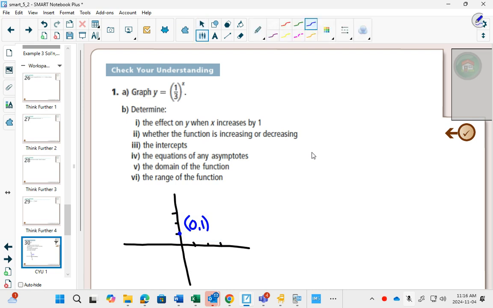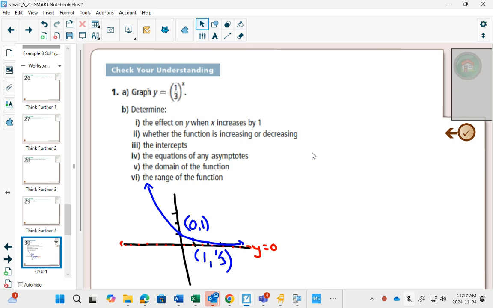Then if you plugged in 1 for x, in this case you would have (1, 1/3). That's enough points to graph. The shape of an exponential graph looks like this. It always has an asymptote at y equals 0. And this is a basic parent graph for any exponential.